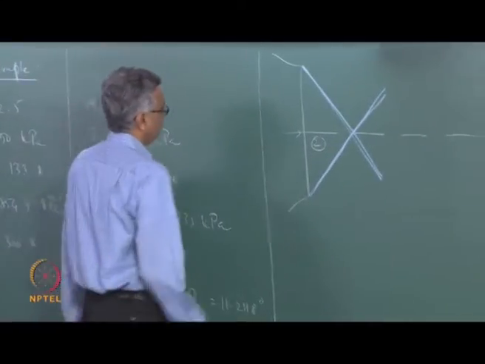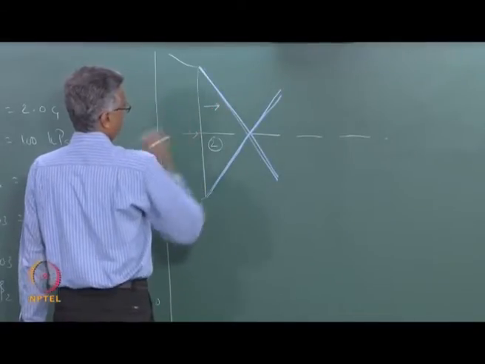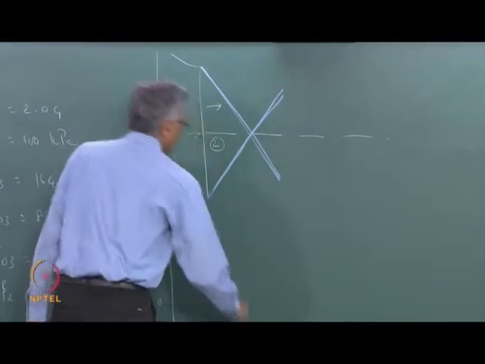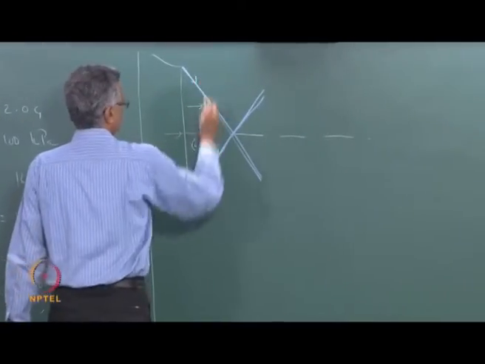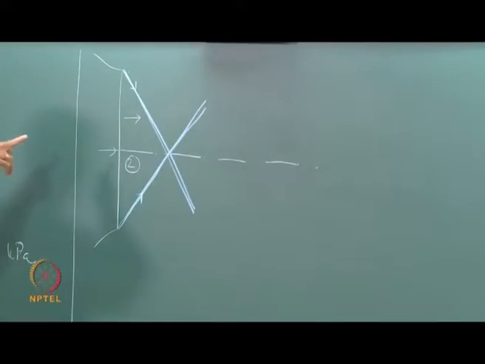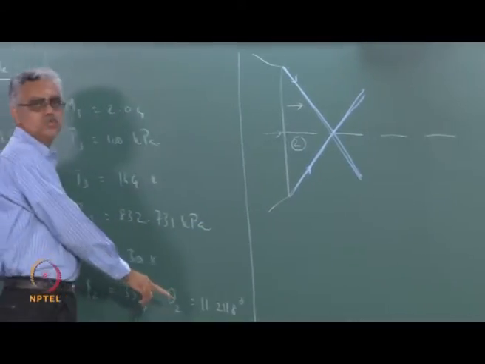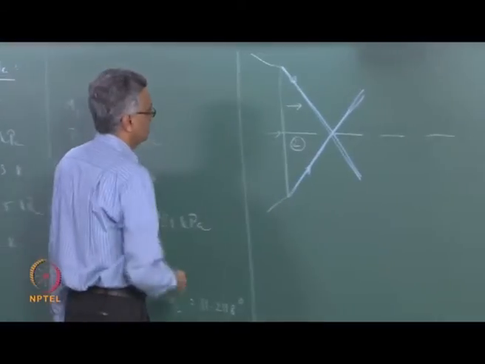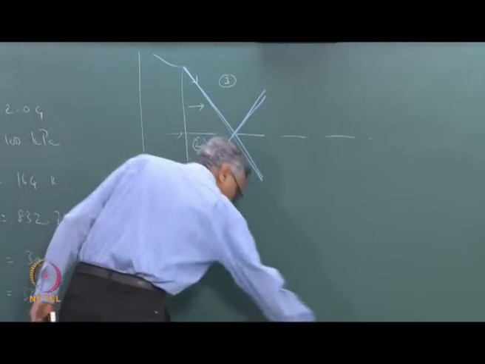Now if you look at the flow vector ahead of the shock wave, it looks like this. Remember, the direction of the shock wave itself in this case is like this. So after passing through the shock wave, the flow is deflected towards the shock wave by an angle of 11.2118 degrees. So that means the velocity vector in region 3 would look something like this.